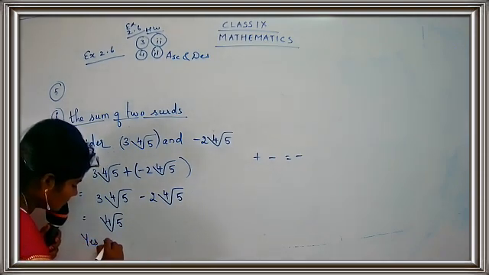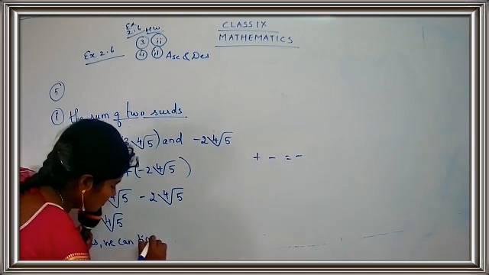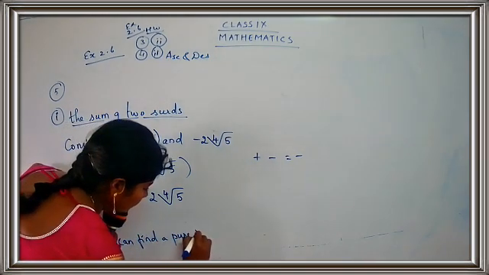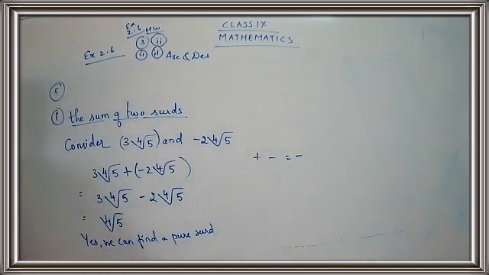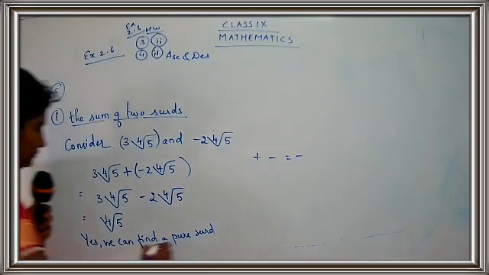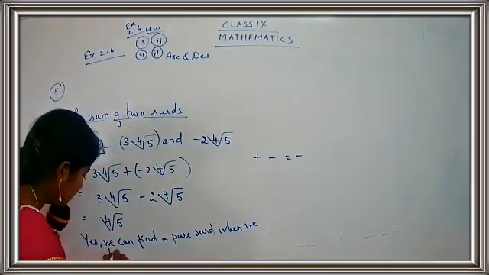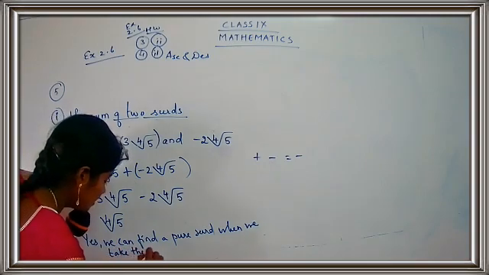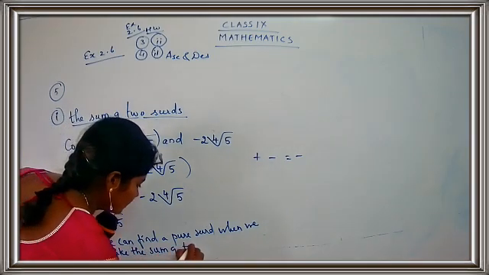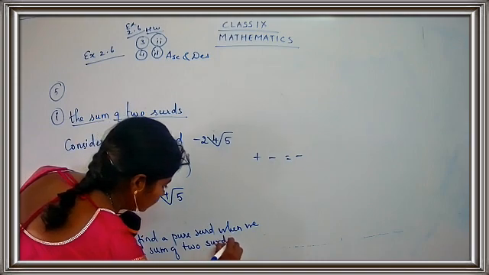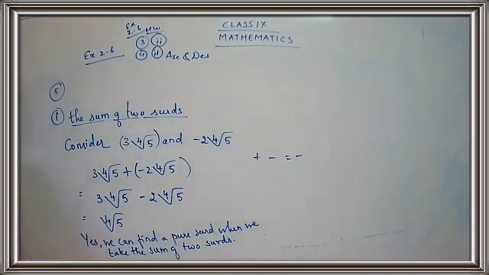Yes, we can find a pure surd when we take the sum of two surds. Okay, children, so what's the justification?